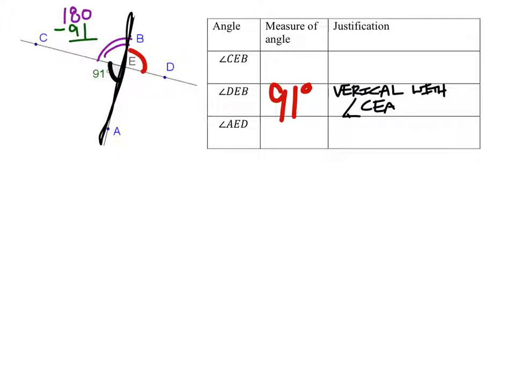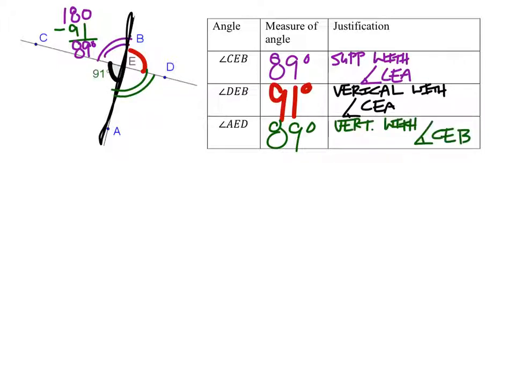And that gives me an 89 degree angle for angle CEB. So 89 degrees, why? Because it's supplementary with CEA. Bam. So there's the justification. Angle AED, this one also is 89 degrees because it is vertical with angle CEB.